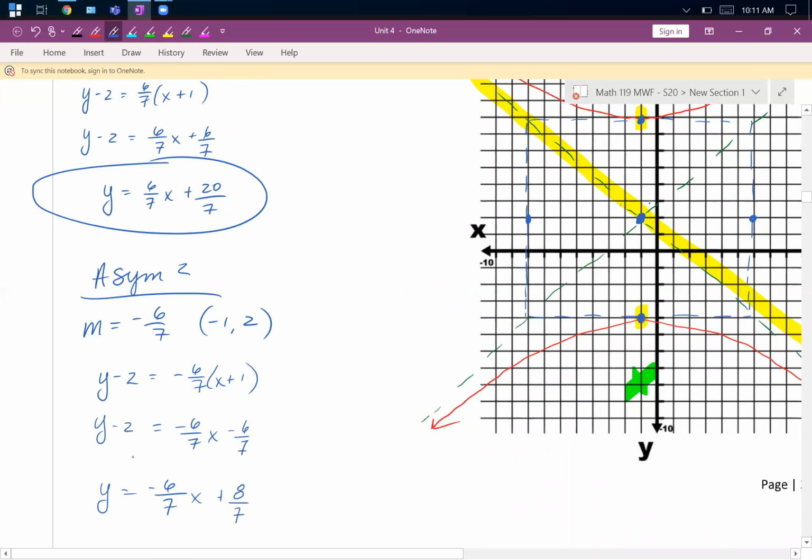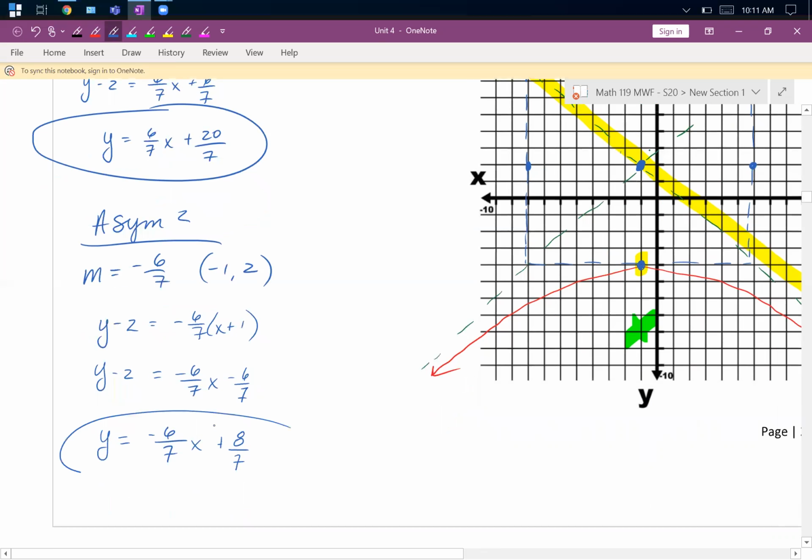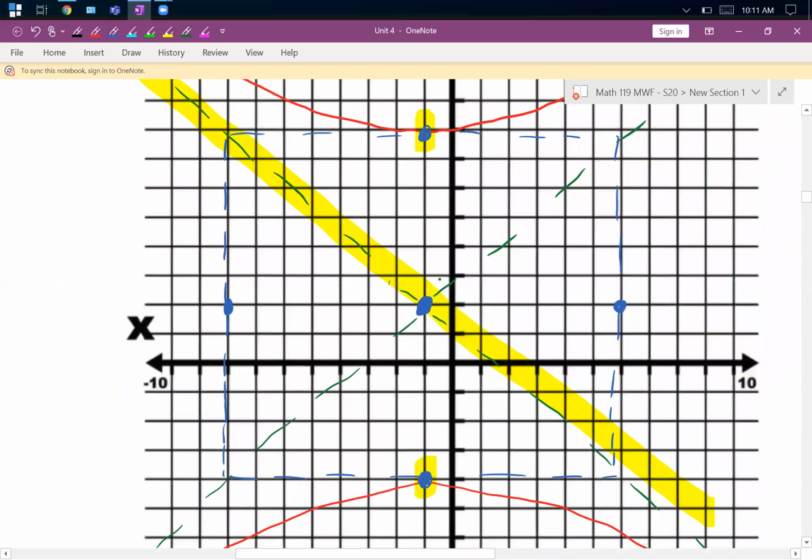We get y equals -6/7 x plus 8/7. And I do the same thing again with that y-intercept just to make sure that I didn't make some kind of mistake. So that's just a little bit over 1. And if I take a look at my asymptote, it looks like that y-intercept is happening right about 1. So I feel good with my equation.